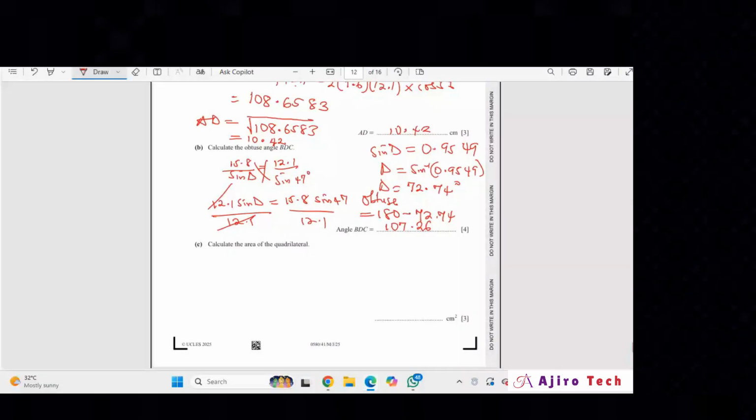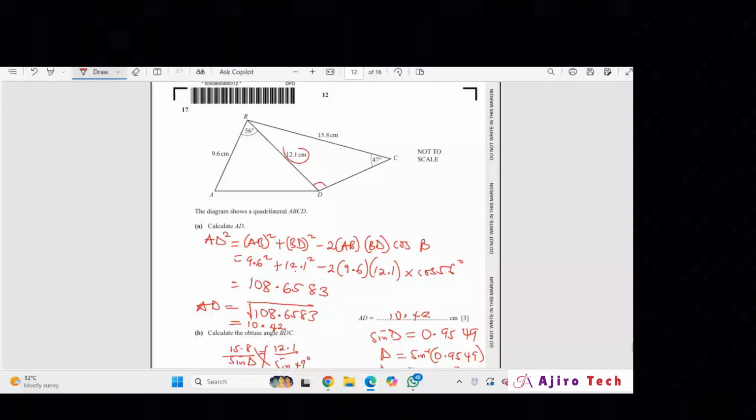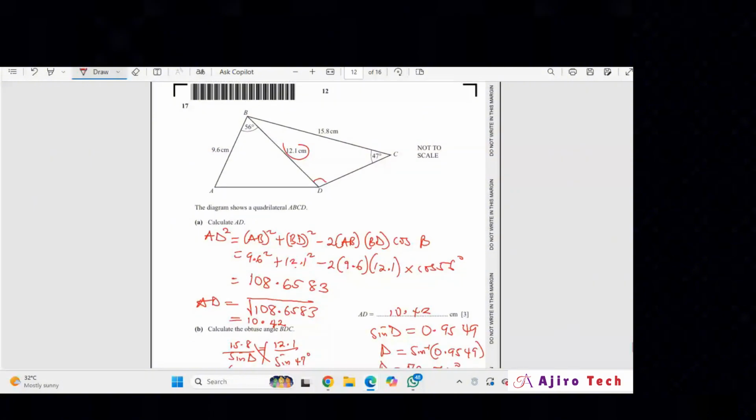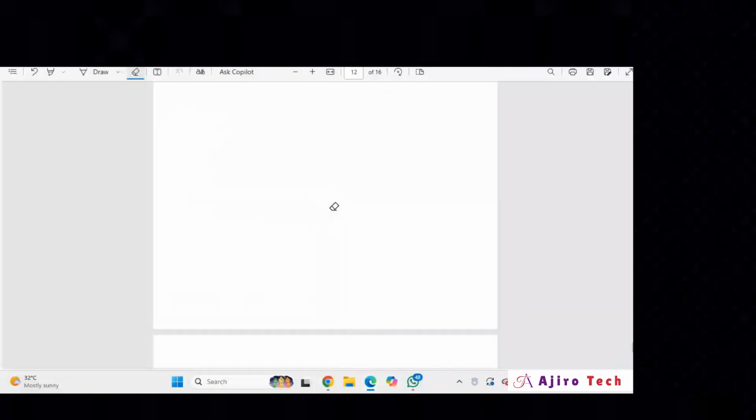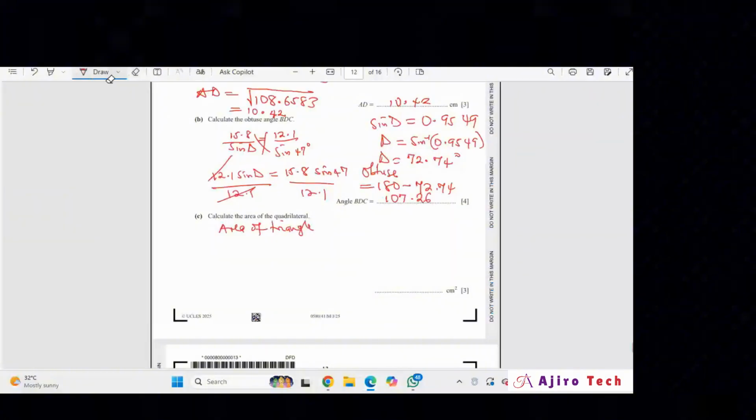Now, the next question says we should calculate the area of the quadrilateral. This quadrilateral here is made up of two triangles. So if we can get the area of one triangle and the other triangle, we'll get the area of it. The area of a triangle is half base times height.